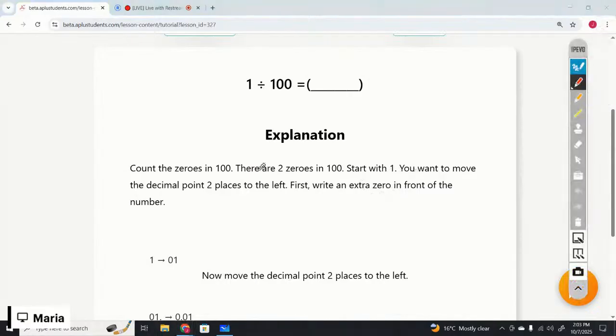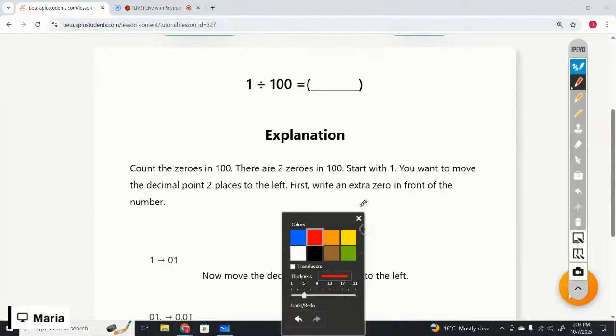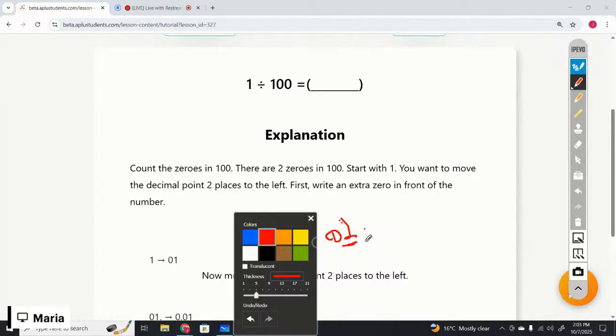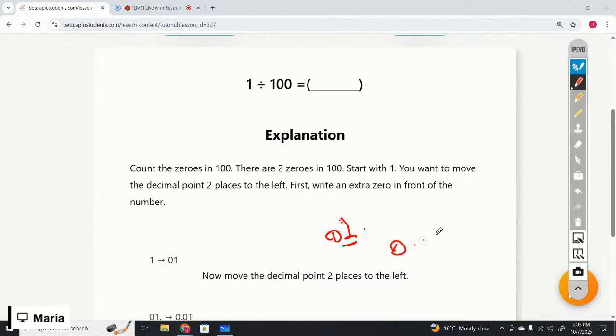So you want to move the decimal point two places to the left. So starting from one, you need to move two places left. So you only have one place. Add another place and now move the decimal point two places left. So it is 0.01. The correct option is 0.01.